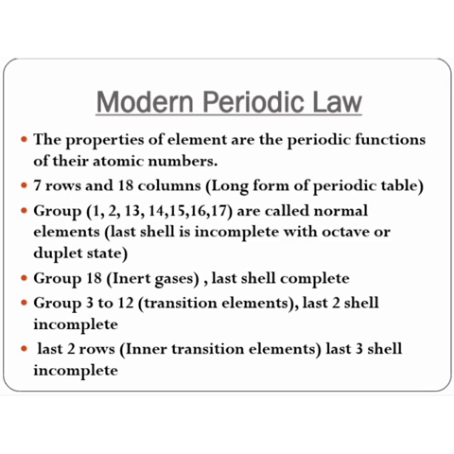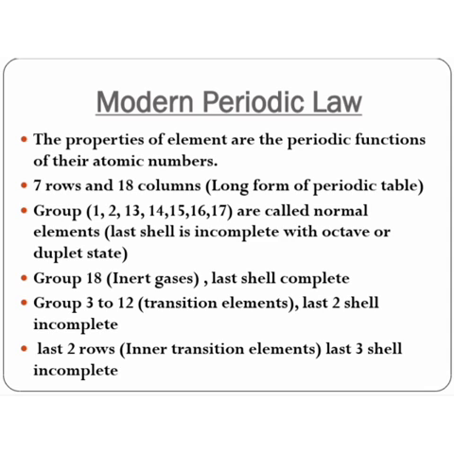Next is group 18. The elements in group 18 are called inert gases, and the last shell of group 18 is complete. That means they have attained the octet as well as the duplet stage. And what about groups 3 to 12? These are said to be transition elements.